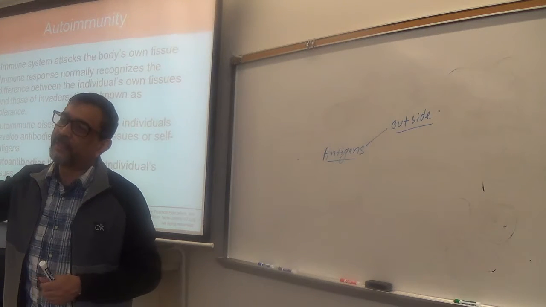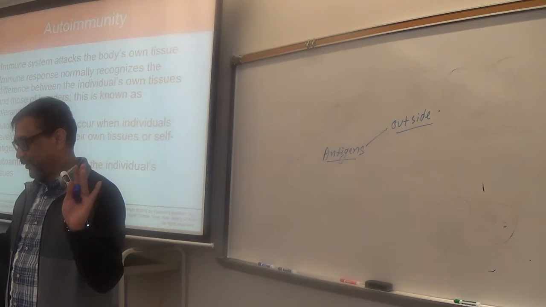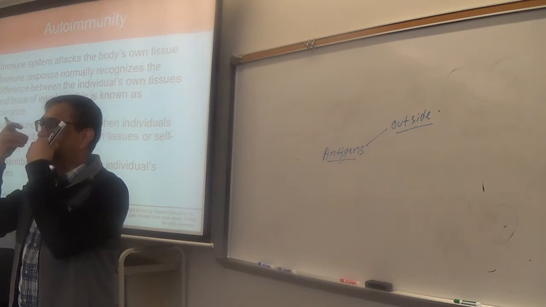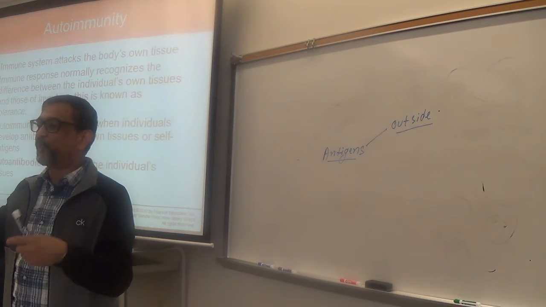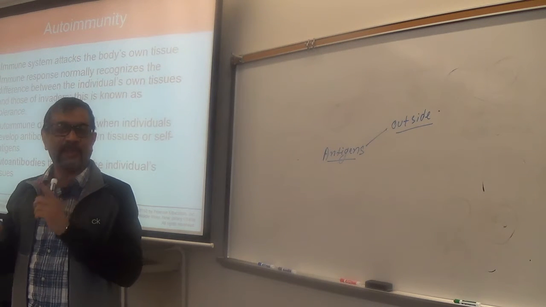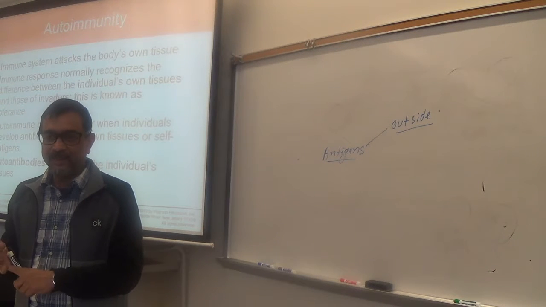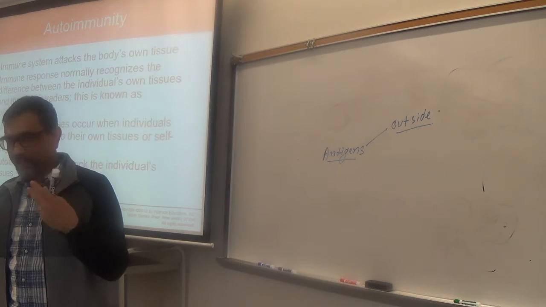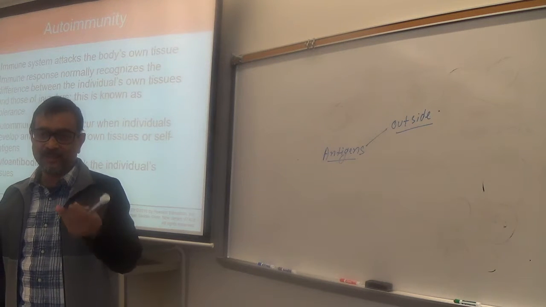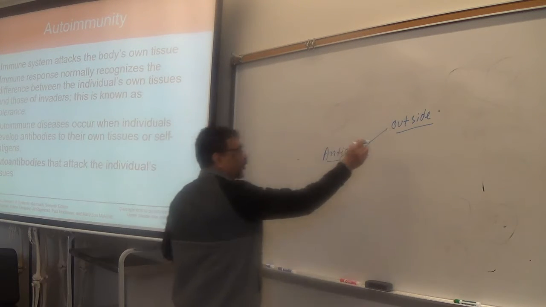That stimulates the body to produce antibody. That's the definition of antigen, okay? Anything that enters into the body and stimulates the body to produce antibody. It could be dust, it could be pollen, right? It could be a certain type of food that stimulates your immune system, right? That is antigen. So food could be antigen too. So it can come from outside.